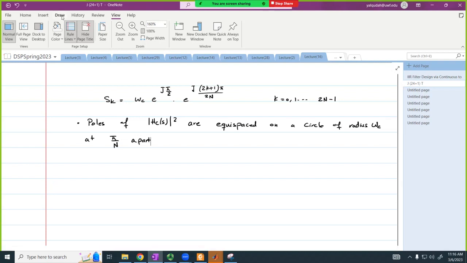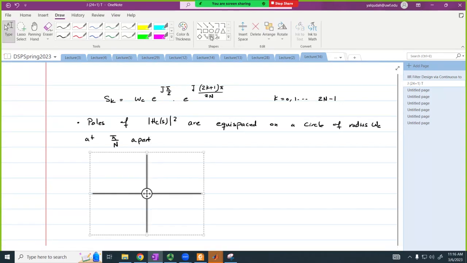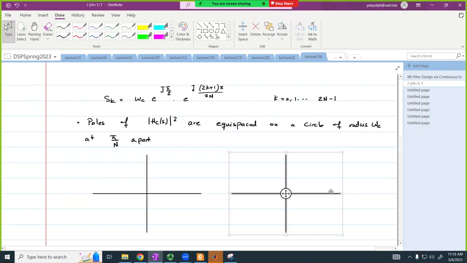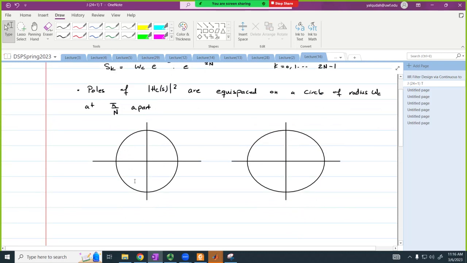So if I were to plot the poles when n is equal to 3, I'm going to have 3 poles at this location, at this and this location, and the angle between them is π over 3.